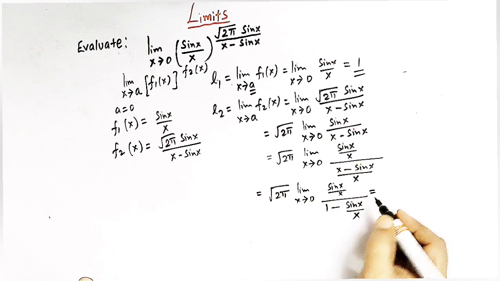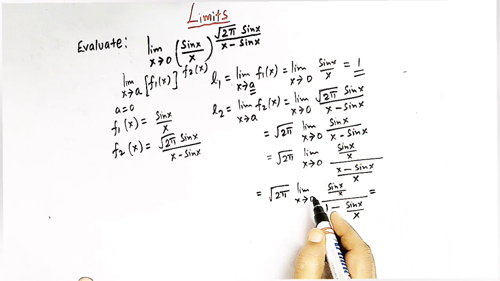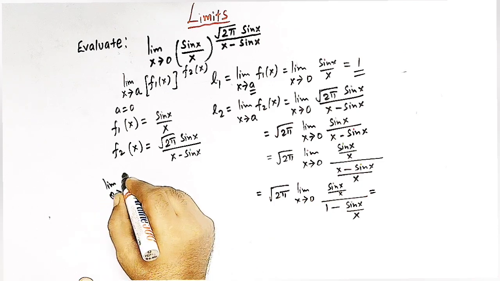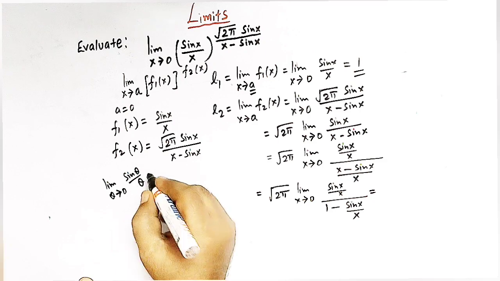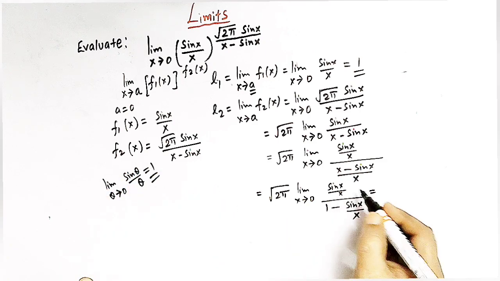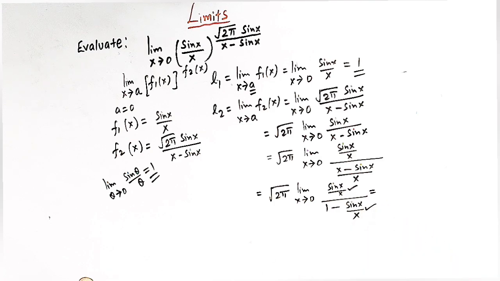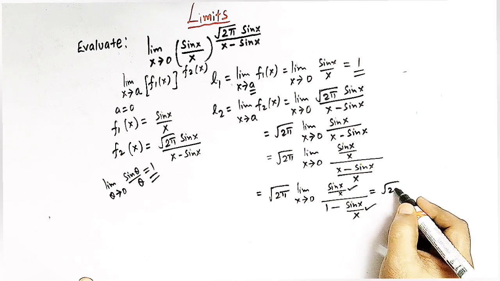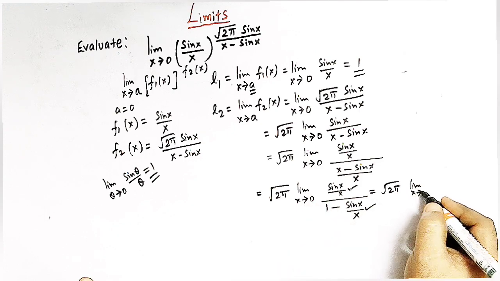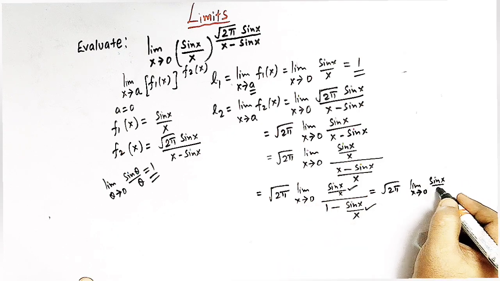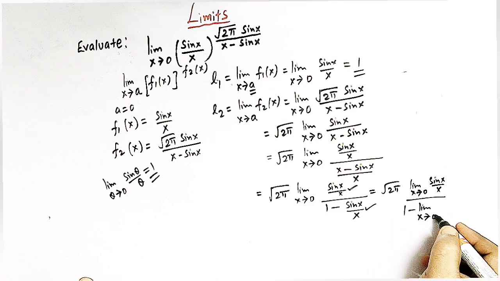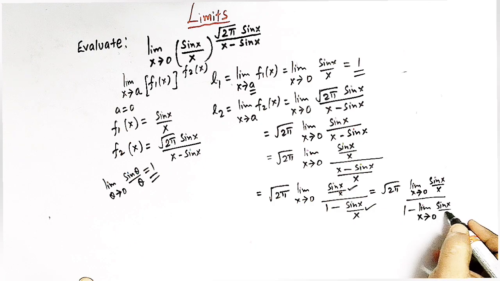So now from this expression we can see that the limit theta tends to 0 of sine theta over theta is equal to 1. So we can use this result over here and here, right? So we can now write square root of 2 pi and limit x tends to 0 of sine x over x divided by 1 minus limit x tends to 0 of sine x over x.